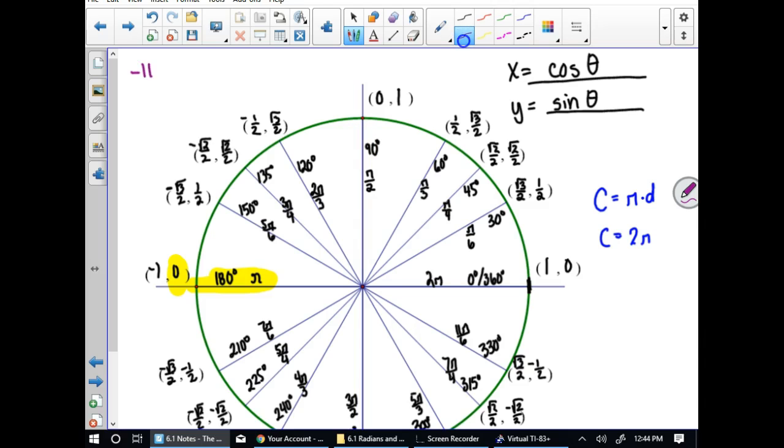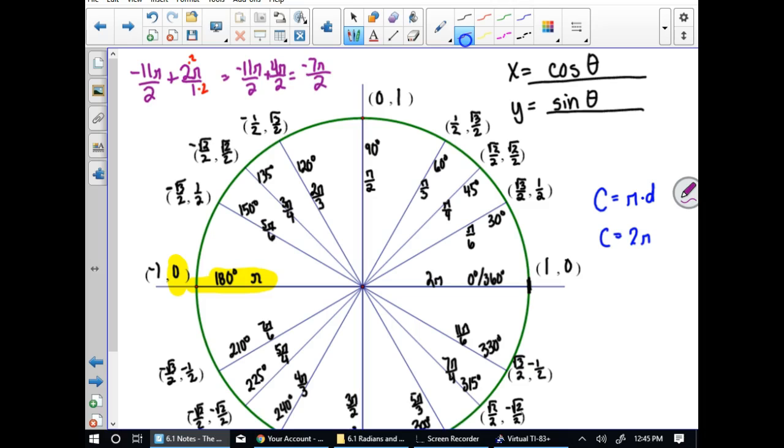So negative 11 pi over 2. It's not on our unit circle because it's too low. So I could add 2 pi to it. And if I add 2 pi, just like I did before, I've got to get common denominators. So I'm really doing negative 11 pi over 2 plus 4 pi over 2. And when I do that, I get negative 7 pi over 2.